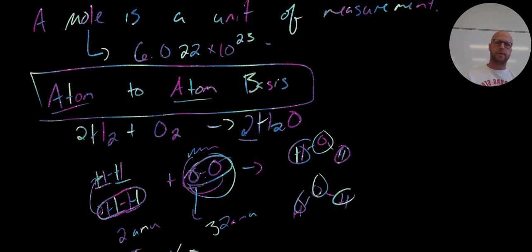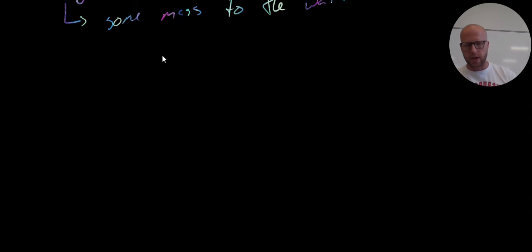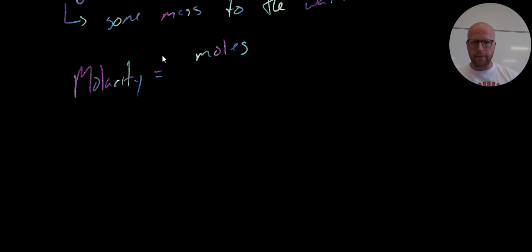Okay? So, solutions. If we remember back, solutions, we're introducing this new unit called molarity. Okay? And molarity is equal to the number of moles I have per liter. Okay? Moles per liter equals molarity. Always go back to that.